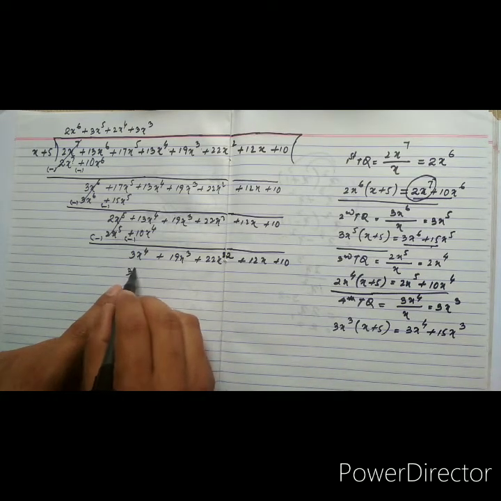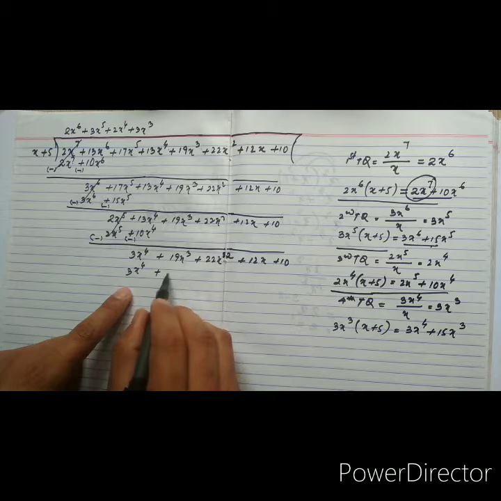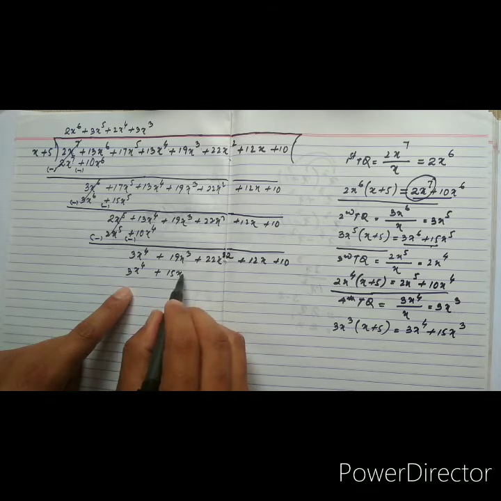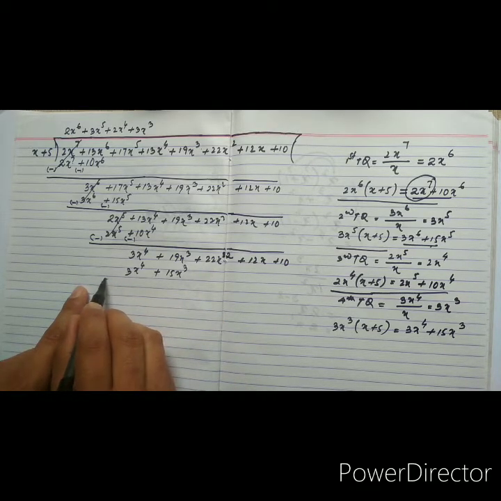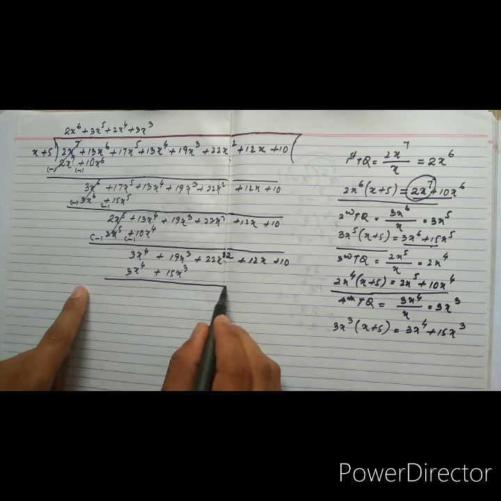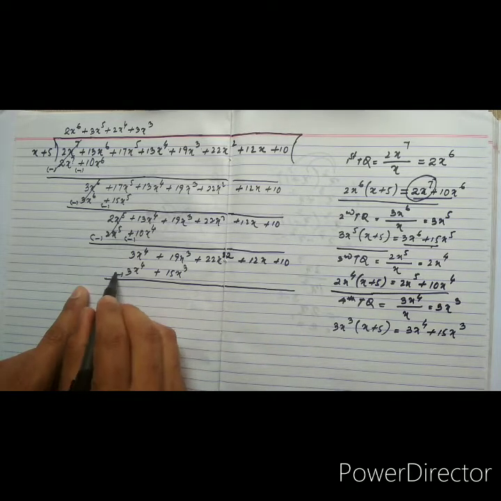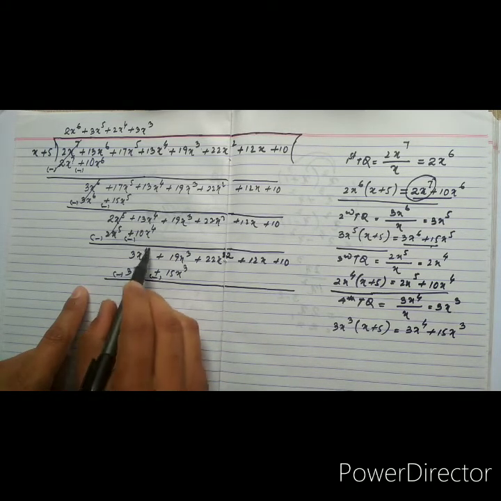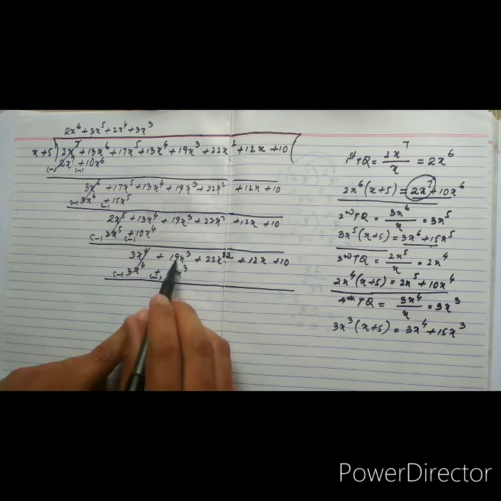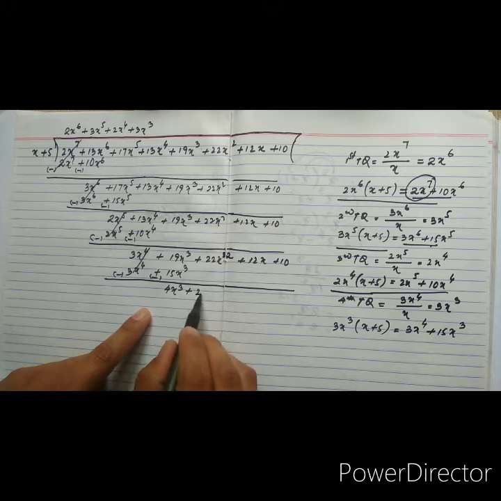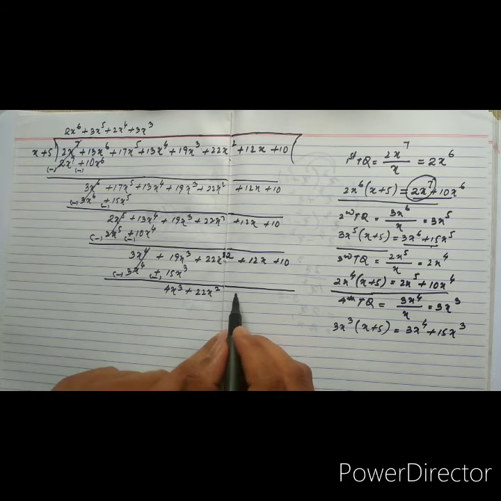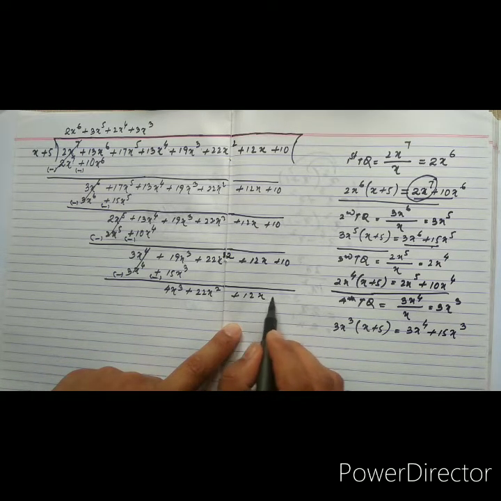So 3x^4 plus 15x^3. Here negative, here also negative. So we'll get now 19 minus 15, which is 4x^3 plus 22x^2 plus 12x plus 10.